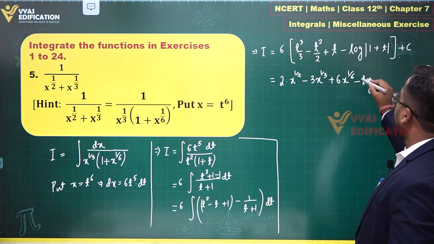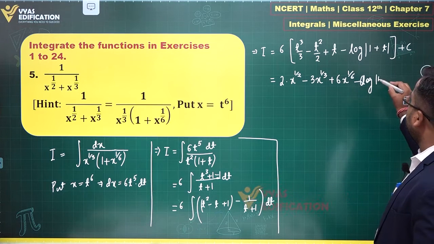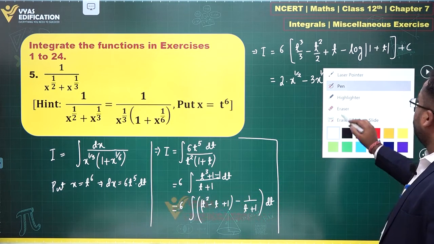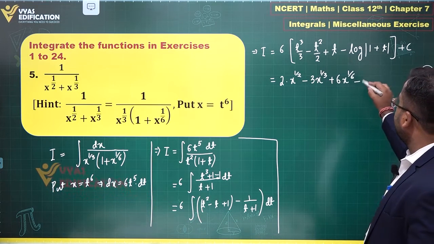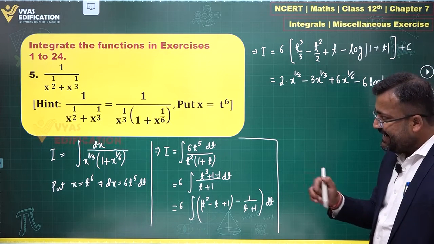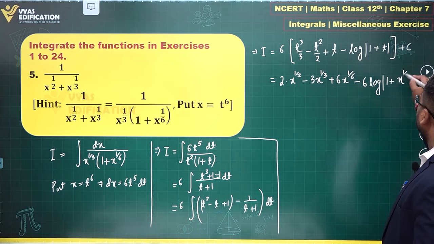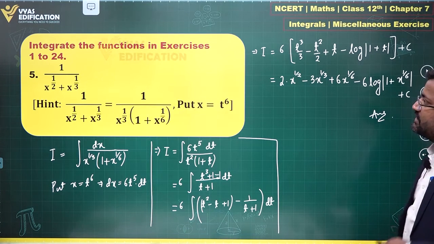Minus 6 log modulus of 1 plus t. There's a 6 also coming inside. t is x power 1 by 6, plus constant of integration. That is my required answer for this question.